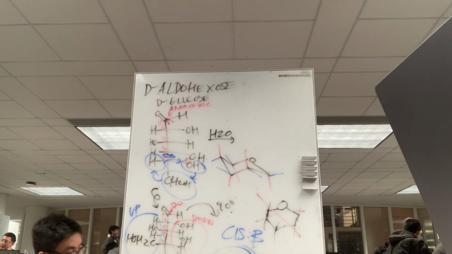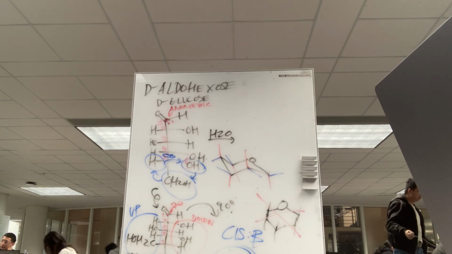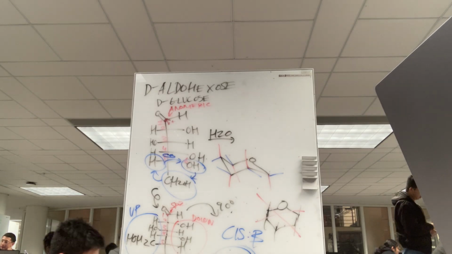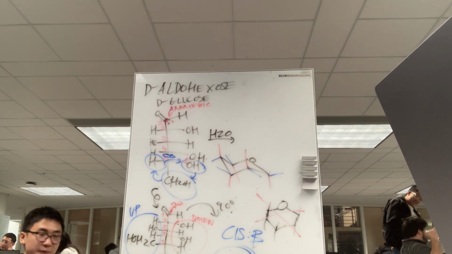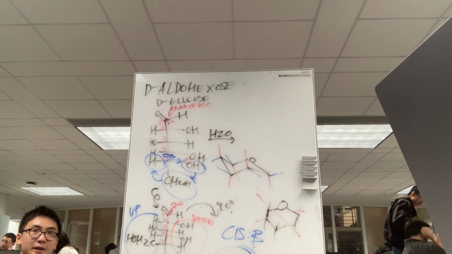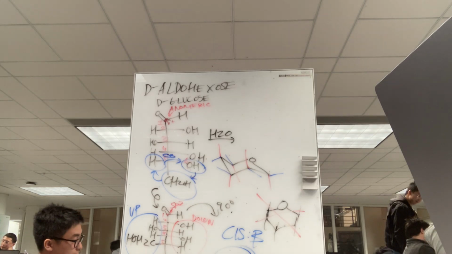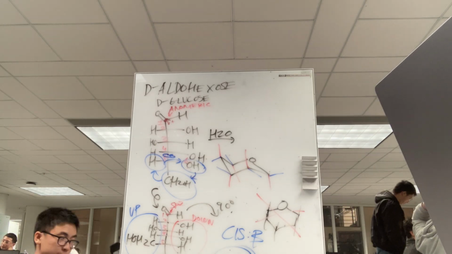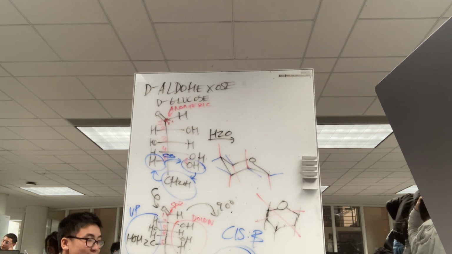Now in the alpha anomer, the alcohol is going down, and the bond that's going down here is axial. So this is the alpha anomer, this is the beta anomer. Which one do you guys think is more stable, beta or alpha anomer? Yeah, beta anomer. Because we talked about 1,3-diaxial strain, where every bond here is equatorial, right?